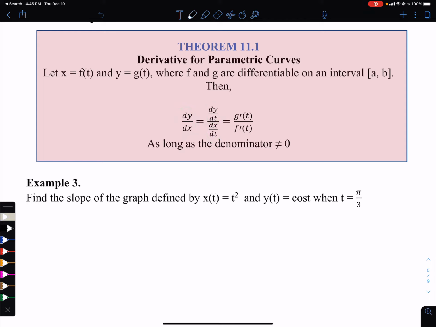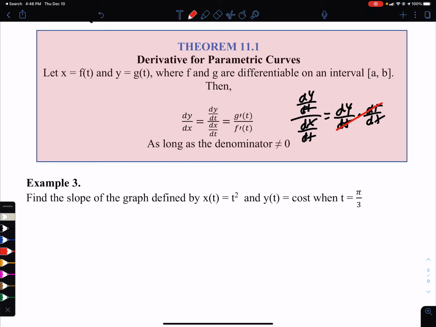Now, let me show you why. If you change this and multiply by the reciprocal, you're going to flip that to make it dt dx, and through the chain rule, you'll see that gives you dy dx.